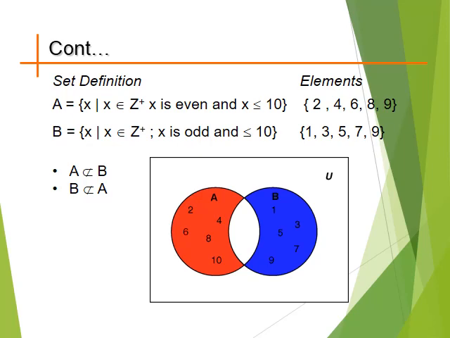Now we have one more definition here. Related to the subset, we will see a Venn diagram. A set contains all positive integers where x is even and x is less than or equal to 10. So we will write even numbers which are 10 and less than 10: 2, 4, 6, 8 and 10. 9 is not included.